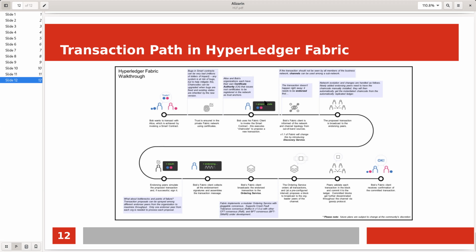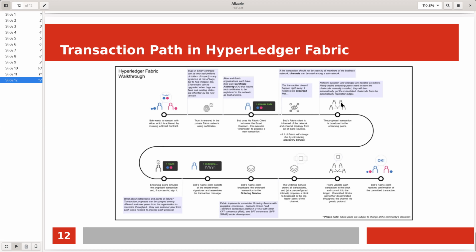Then they propose a transaction, or a trade here, but it is not a trade yet. As we have seen, it needs to be endorsed first.